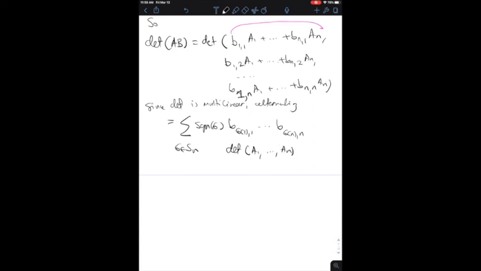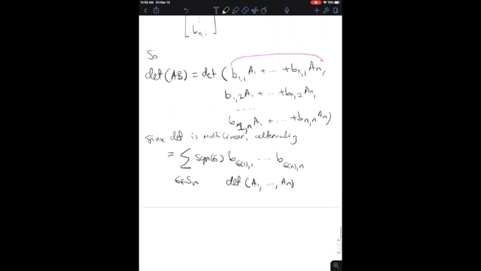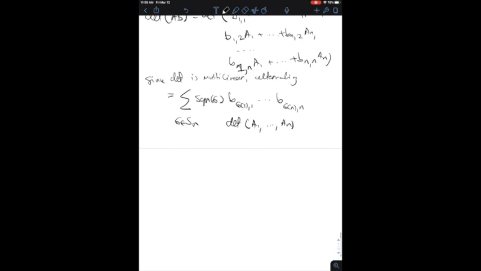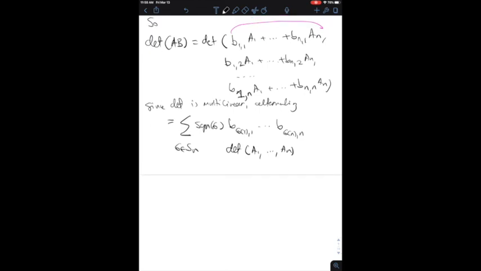So I've just used here the formula for a multilinear alternating function where we look at the value on some linear combination of entries. For any multilinear alternating function, it's just given as a summation like the one above.